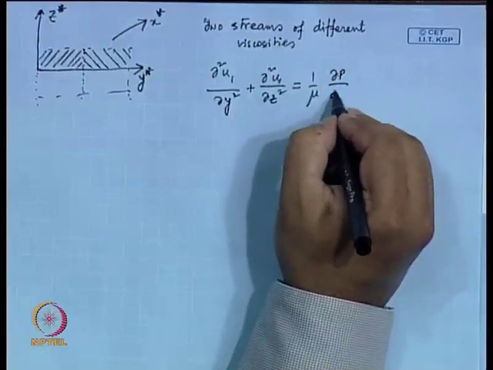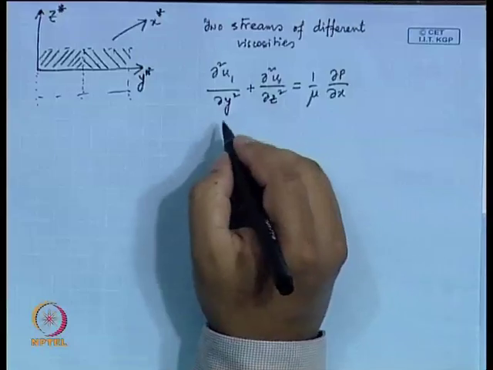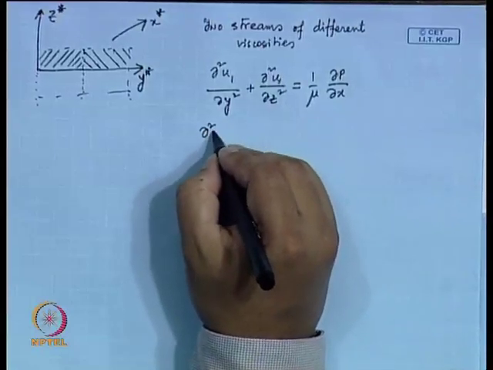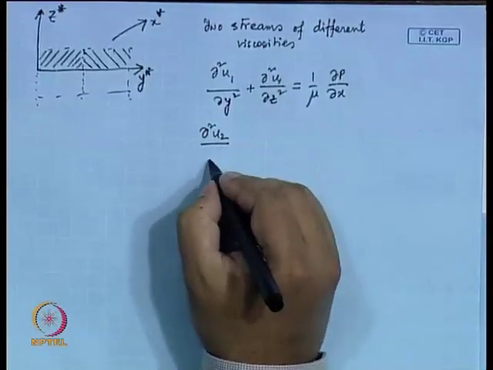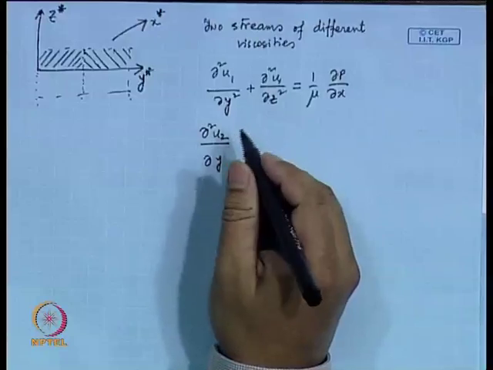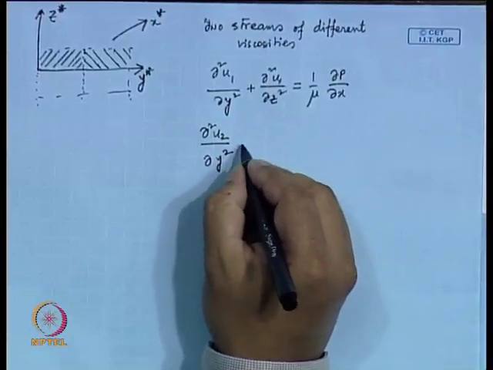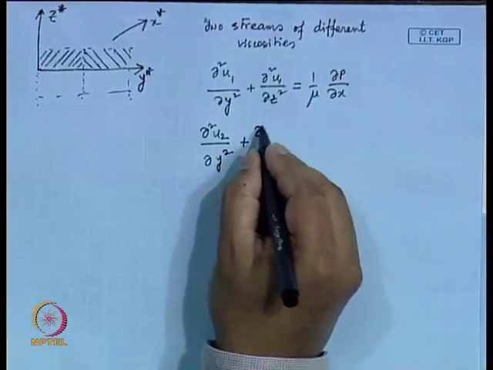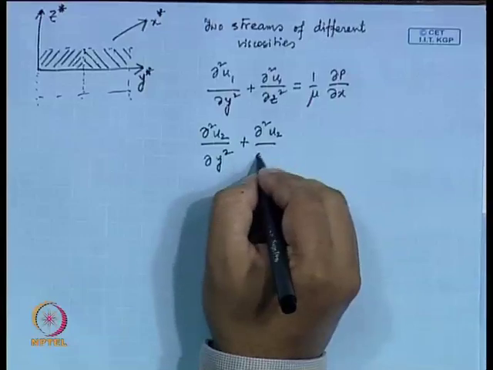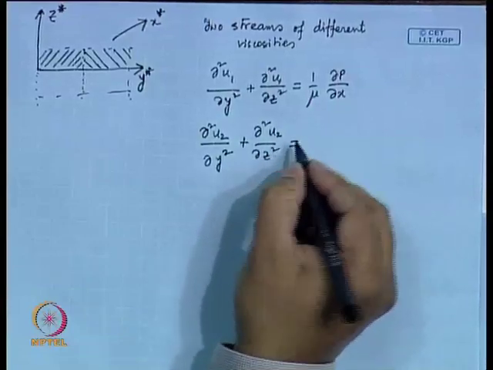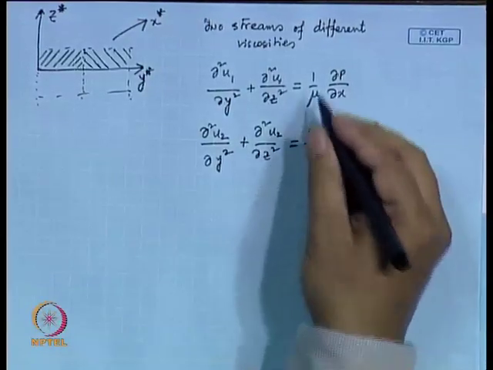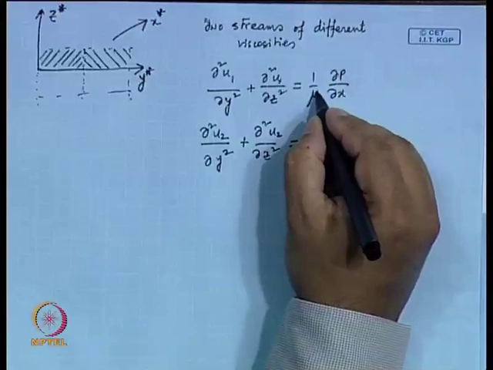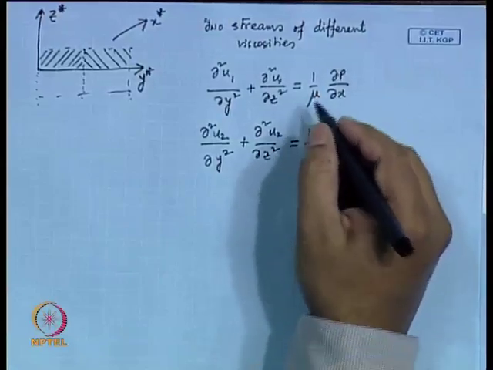And the other one is del square u 2 del y square plus del square u 2 del z square is equal to 1 by mu.